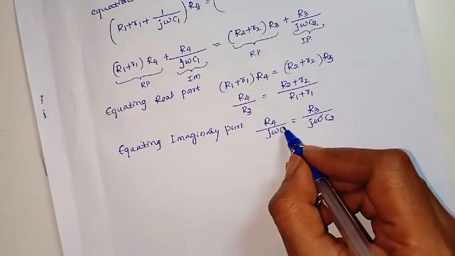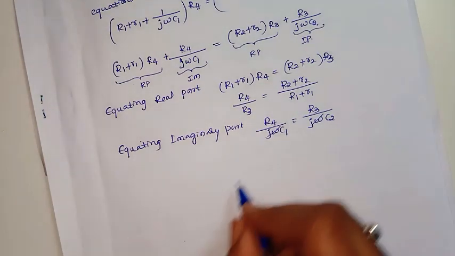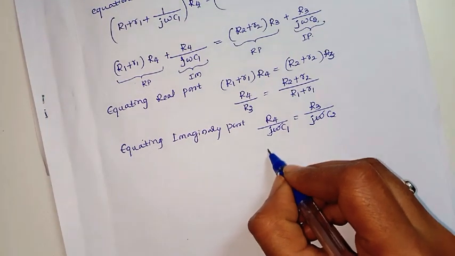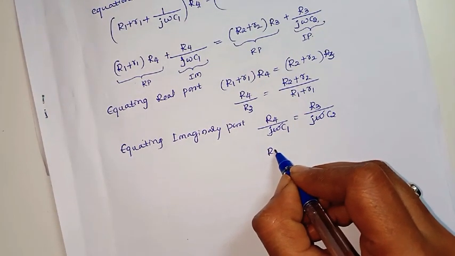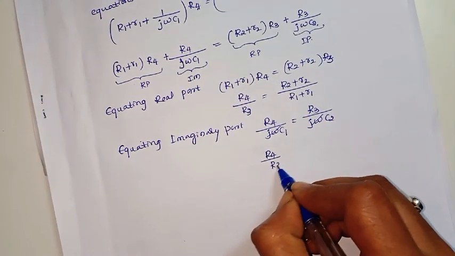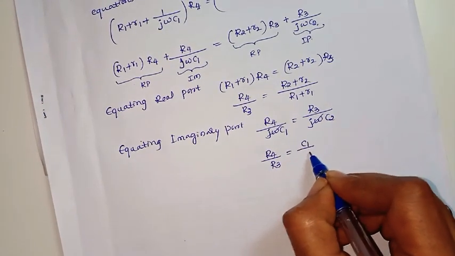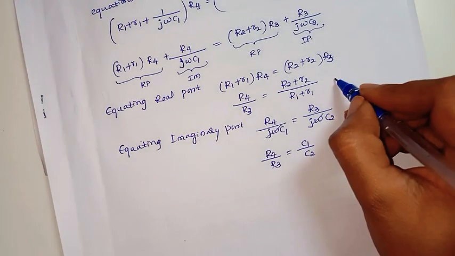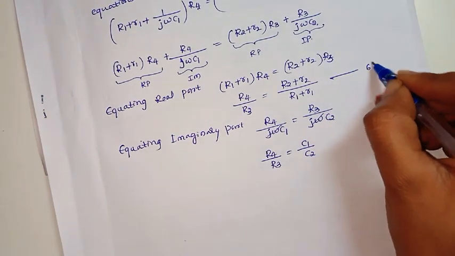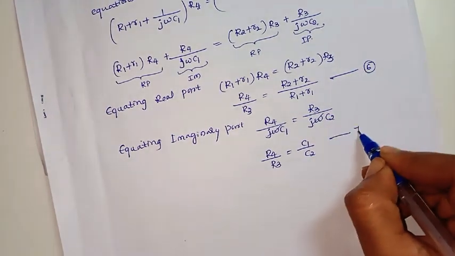So both the sides j omega are there. Let's cancel them. Here R4 by R3 equals C1 by C2. Call this equation as 6 and this equation as 7.